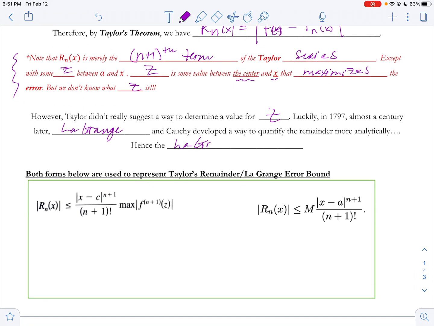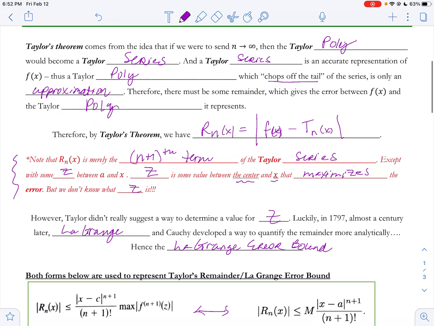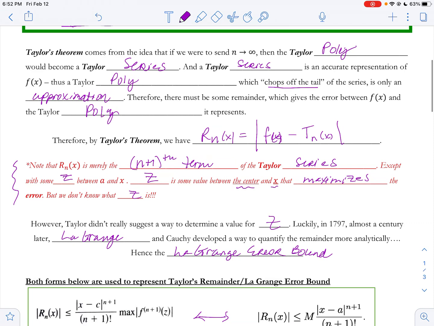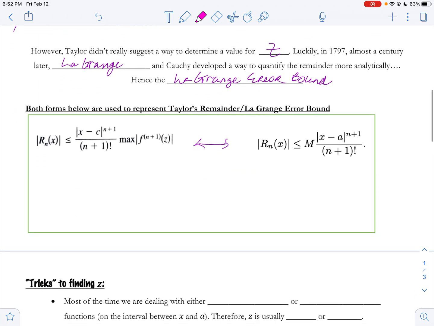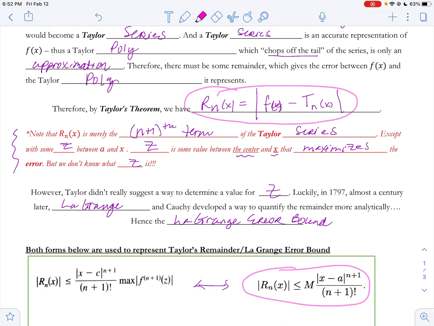So essentially, Taylor's theorem and the Lagrange error bound are kind of the same thing. You'll find some sources will refer to this only as the Taylor theorem, and this only as the Lagrange error bound, but they're saying pretty much the same thing.